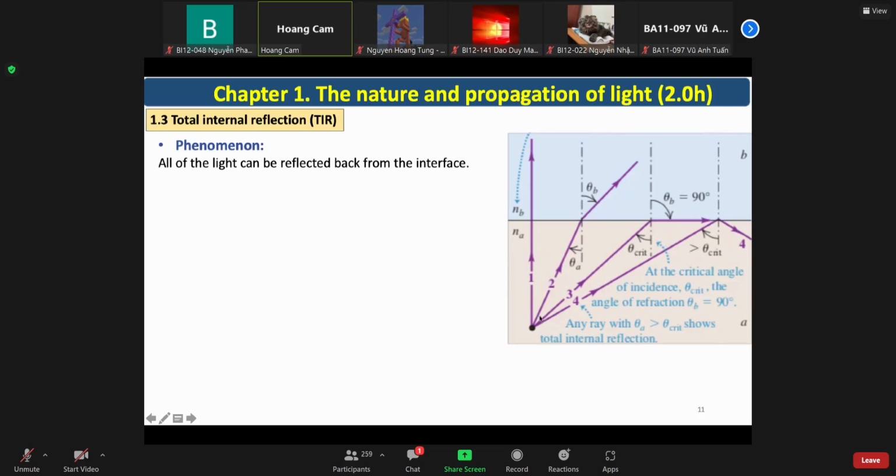Sorry. So right now I will describe these figures with you. Starting from the point source, we got the point source here, and we consider 4 different rays, 1, 2, 3, 4. The first one propagates perpendicular to the surface. That means the angle of incidence for the first ray is equal to 0, right?